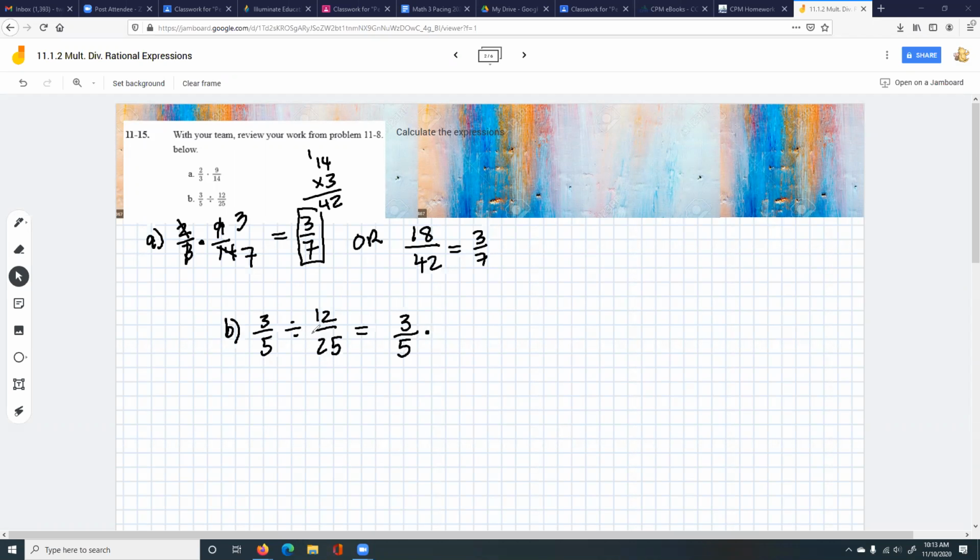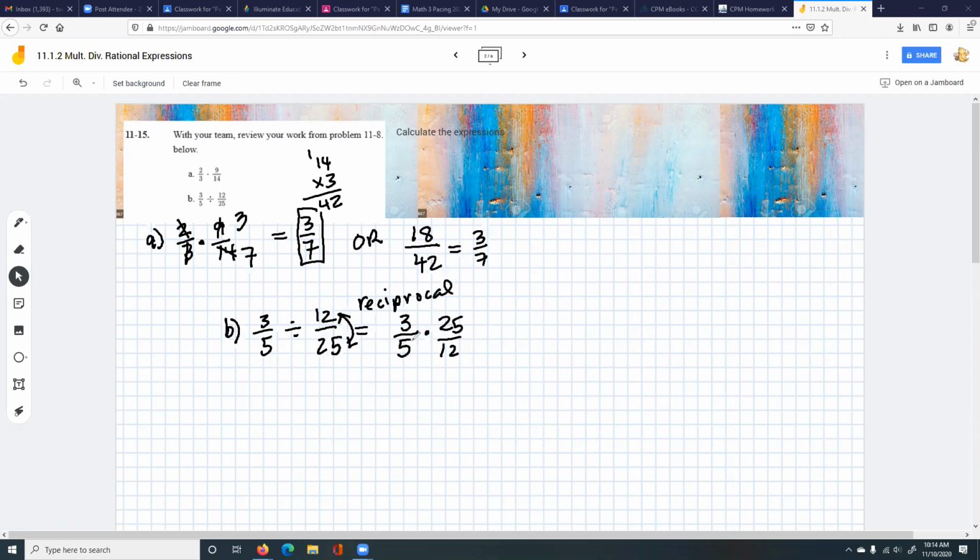We flip them and then multiply them. Right, good. You're going to change that to multiplication and then you're going to flip this over. It's called multiplying by the reciprocal. It's usually the first time you find out about a reciprocal. 25/12. So we change the division to multiplication and then we flip this. We multiply by the reciprocal.